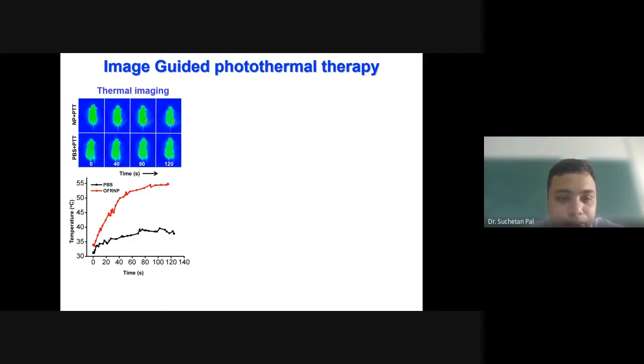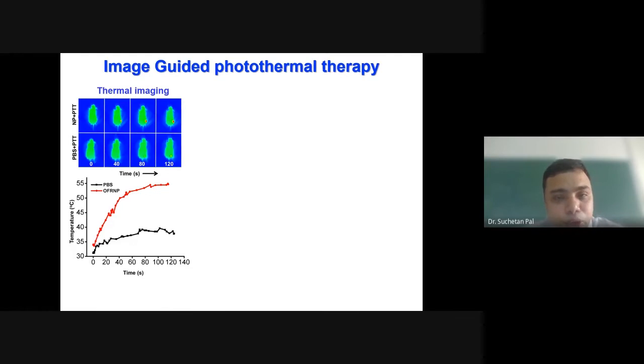It increased to 55 degrees Celsius. In PBS injected mice, the temperature didn't increase as much as in the nanoparticle injected mice. So here is a huge increase in temperature in this area.